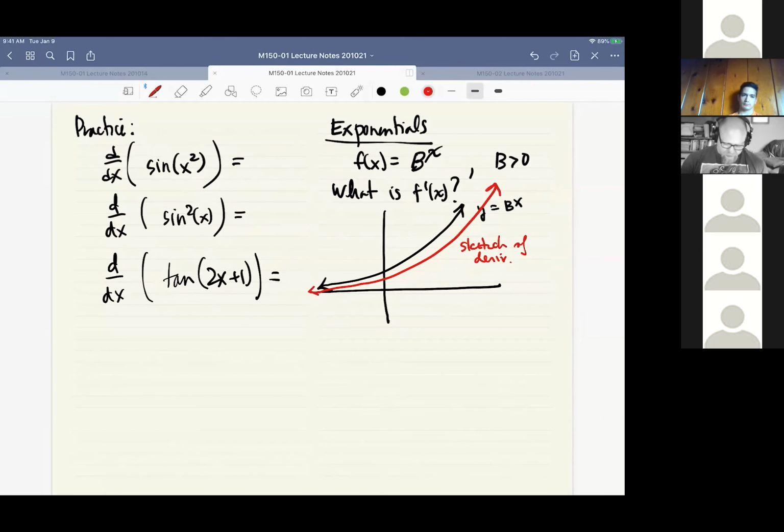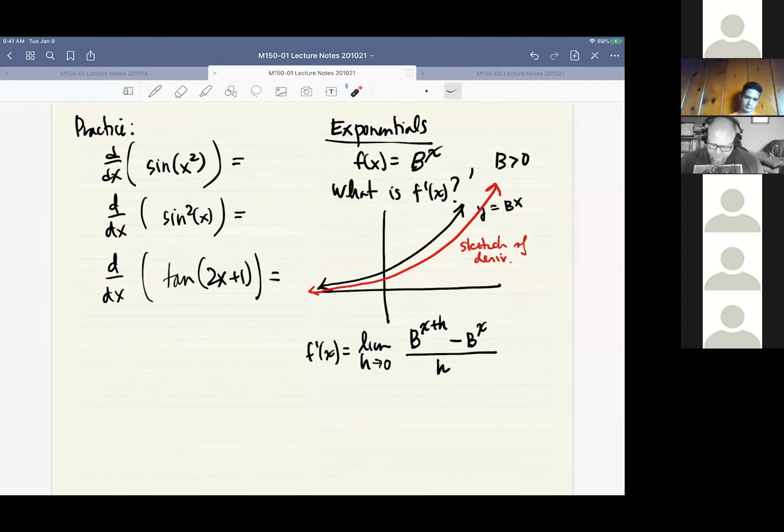So let's start that process. Let f of x be b to the x. And what's f prime of x? Well, that's the limit as h goes to 0 of b to the x plus h minus b to the x all over h.